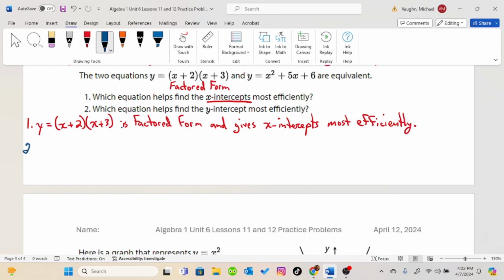Number 2, which equation helps find the y-intercept most efficiently? If I want the y-intercept, then I want standard form.